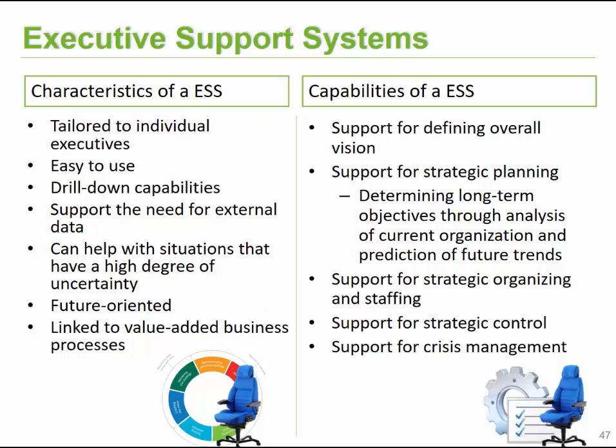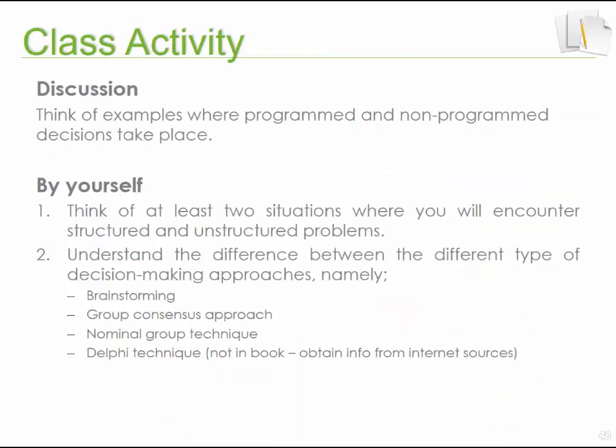They would support strategic organizing and staffing, strategic control, and also crisis management. Now, this concludes the systems that we've looked at related to decision making and problem solving, incorporating management information systems, decision support systems, as well as executive and group support systems.